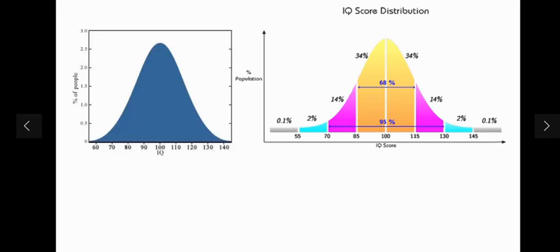After that is 14%, and beyond that is 2%, and towards the fag end, or towards the two extremes, is 0.1%, which shows that such behaviors are statistically rare or statistically very unusual. Those are the behaviors towards the extremes that will be considered as abnormal, whereas the behavior that centers around the mean, about 68%, will be considered as normal.